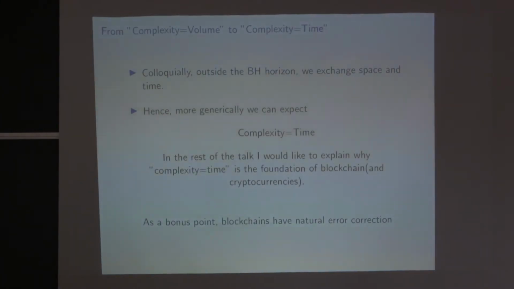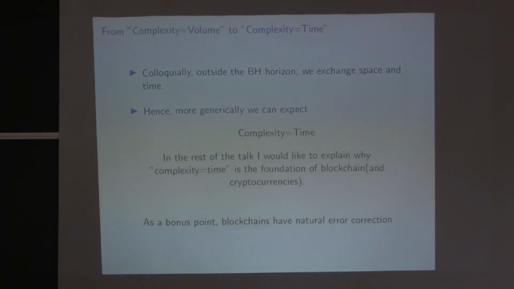Now, this is one logical step I want to make further. Colloquially, when we go outside the black hole horizon, we switch space and time. For example, in higher dimensions we have to switch volume and time, but in 1+1 it's exactly that: we switch length to time.